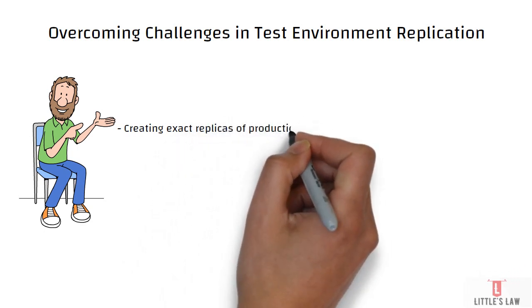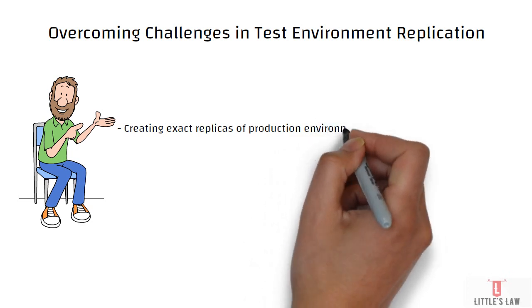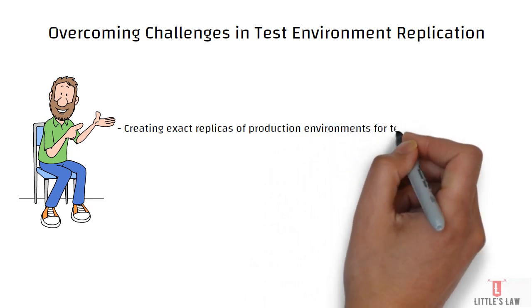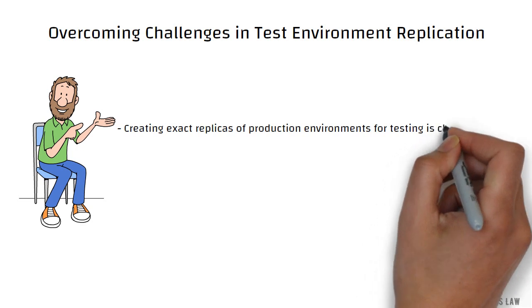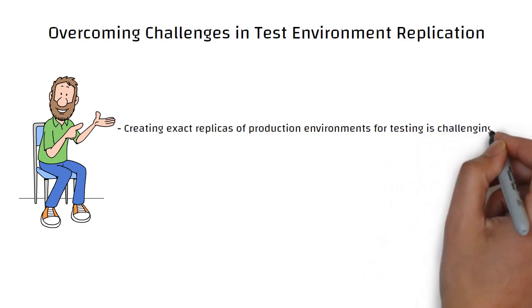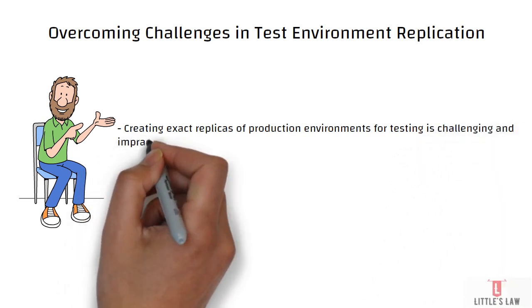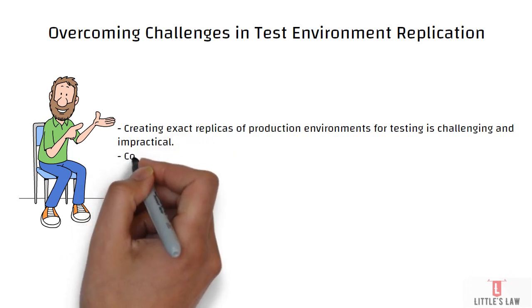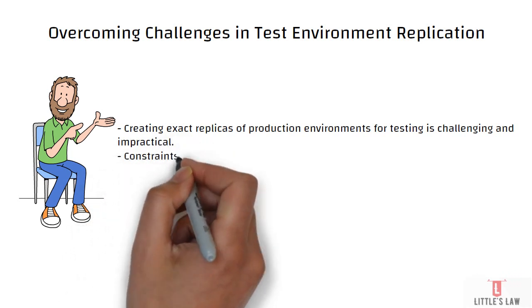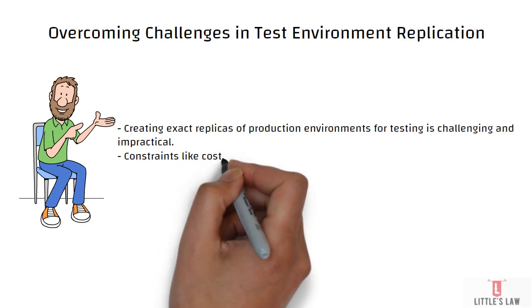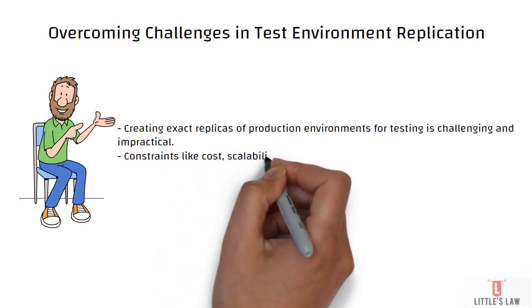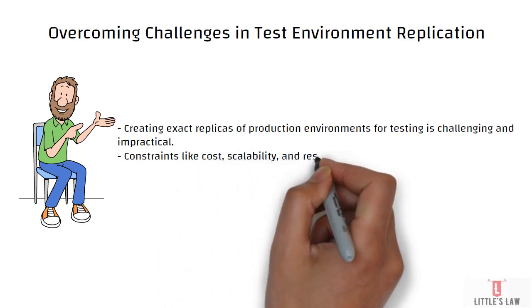It involves cost, because replicating the production environment for a simple test, that too a performance test, takes a lot of cost, a lot of manpower, a lot of work, and a lot of scalability has to be done, and also resource availability.